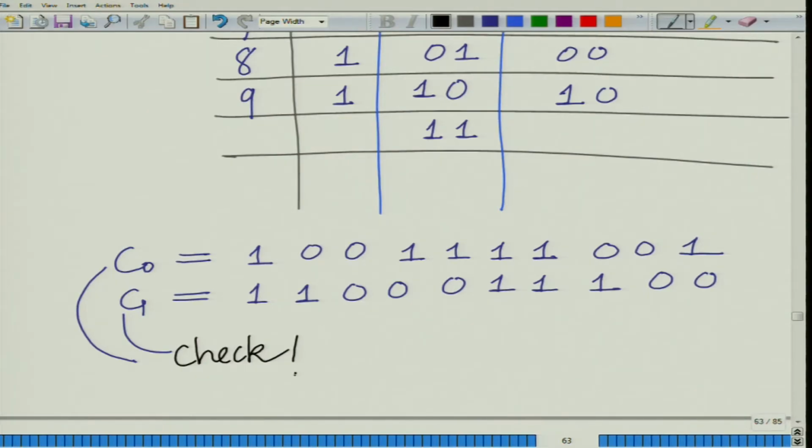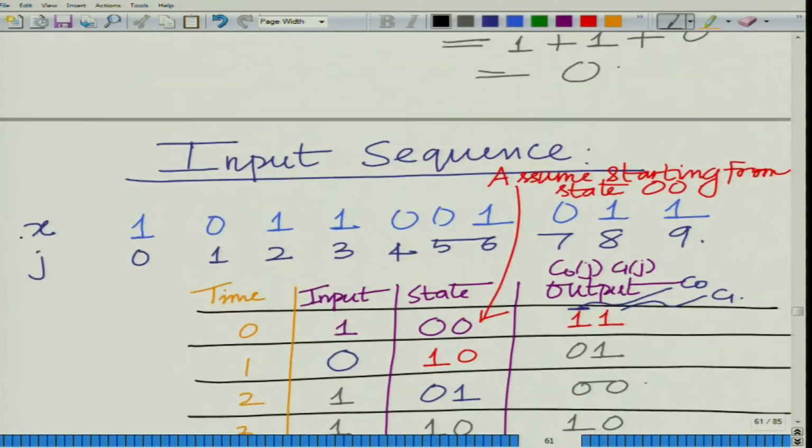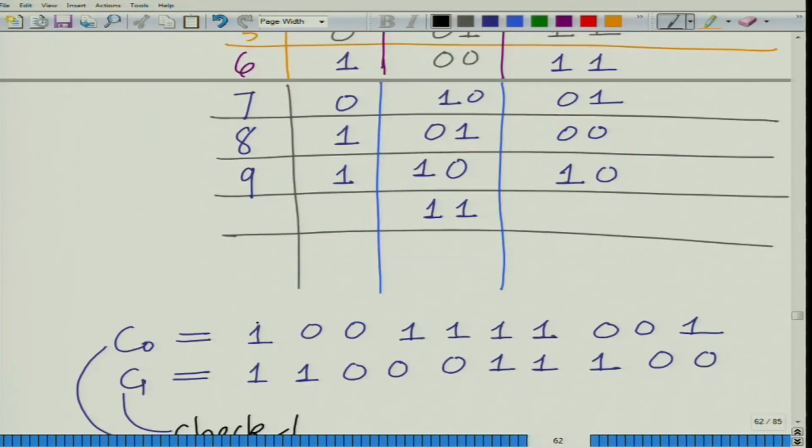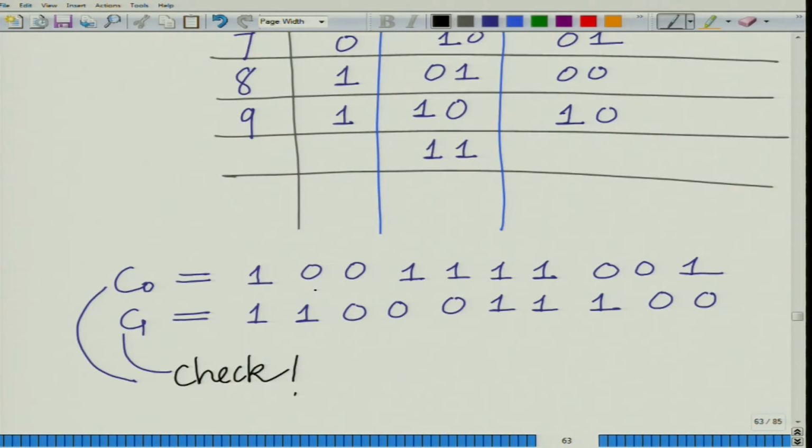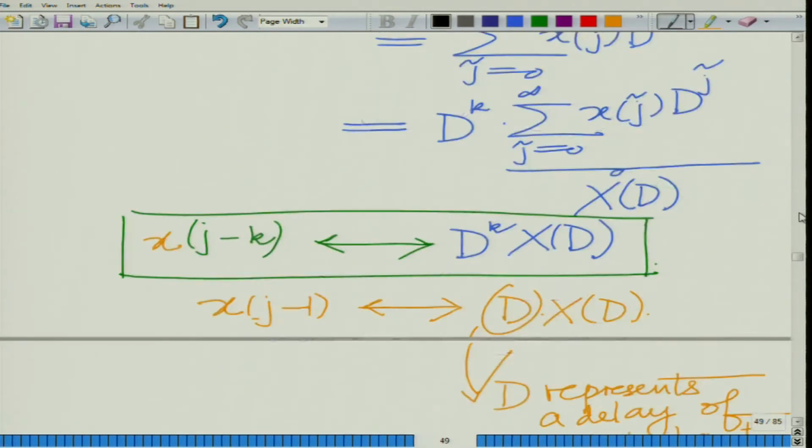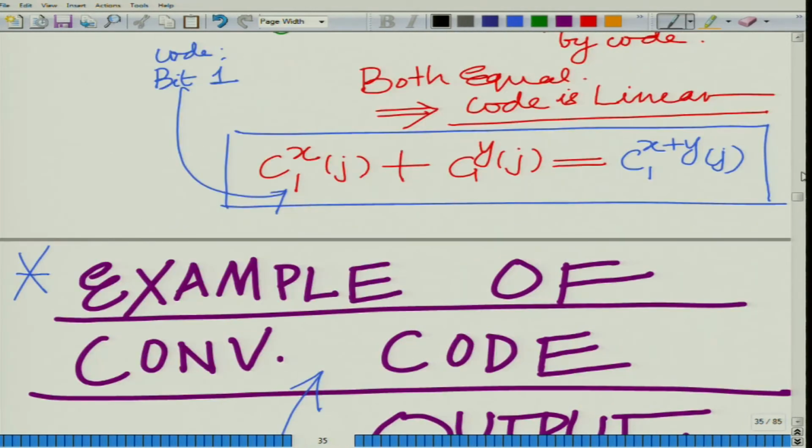In fact, we had generated this by simply applying the encoder equations. If you look at this, for instance, the input is 1 0 0 followed by 1 1 0 0 1. Go all the way back to our example of the generation of the convolutional code.